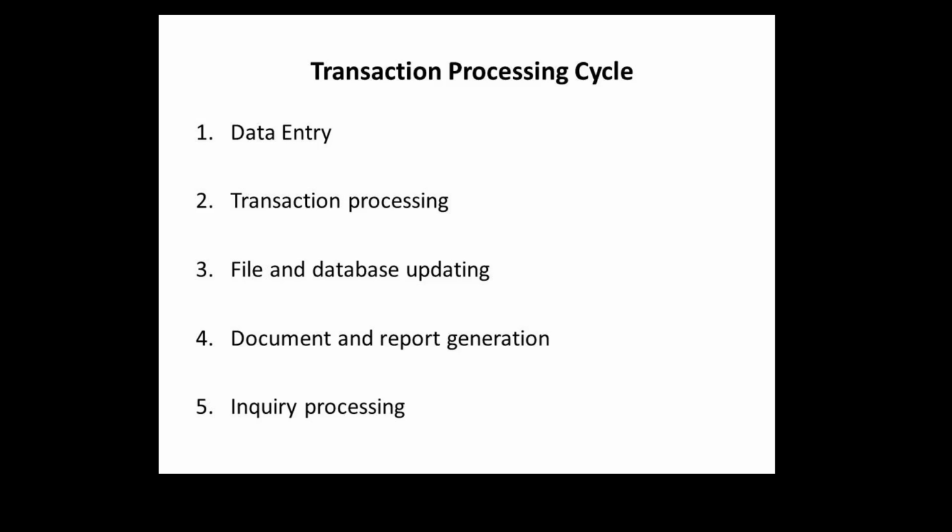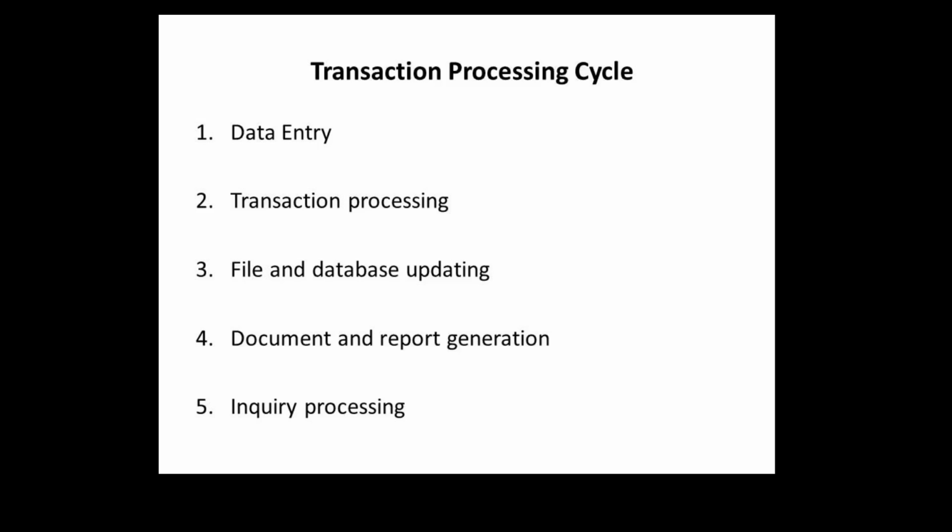Then we have the next stage, which is called file and database updation. Maintaining files and databases of the concerned department of an entity is the main task of the transaction processing system.